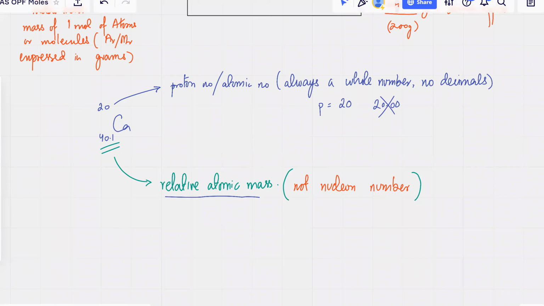The first thing, when you're measuring the mass of an atom, is mass going to be a whole number or is it going to be in decimals? Like if I'm measuring my mass, it can be in decimals, right? It depends on the accuracy of the machine.